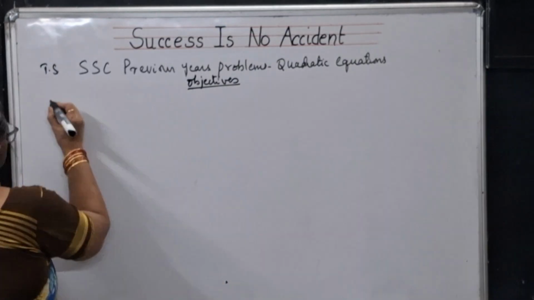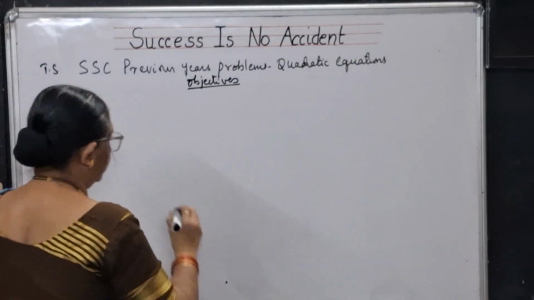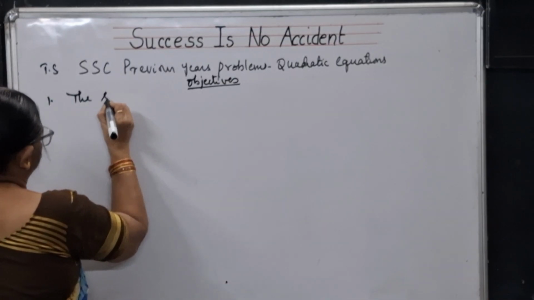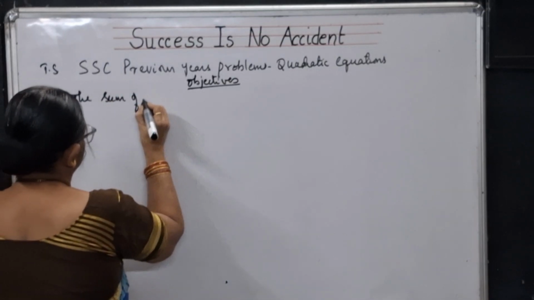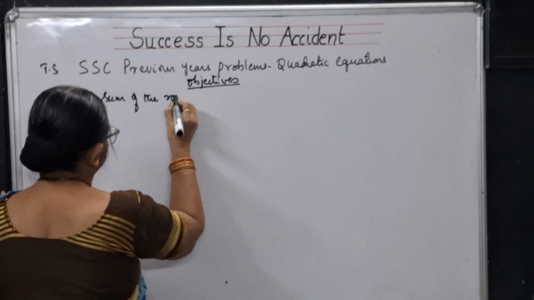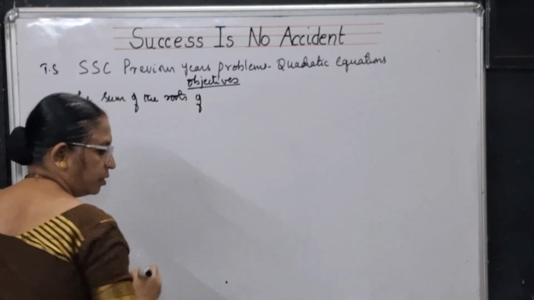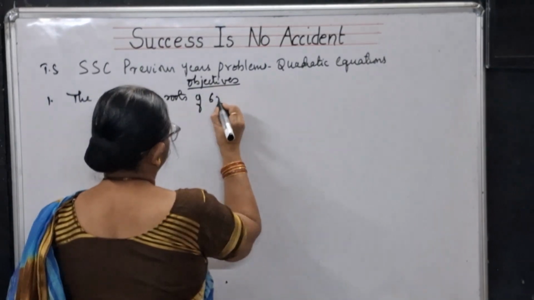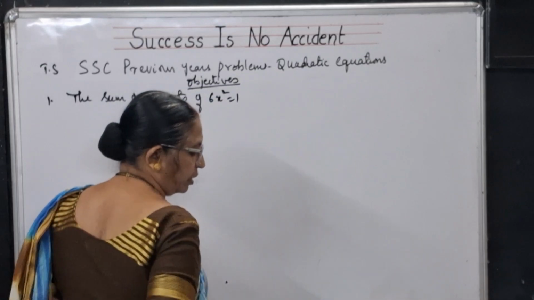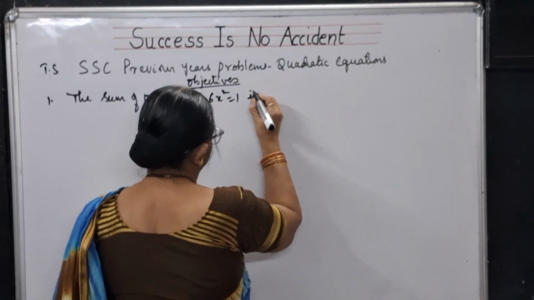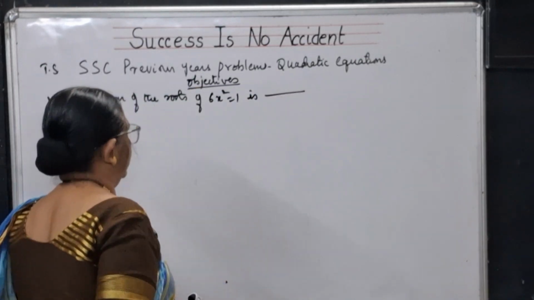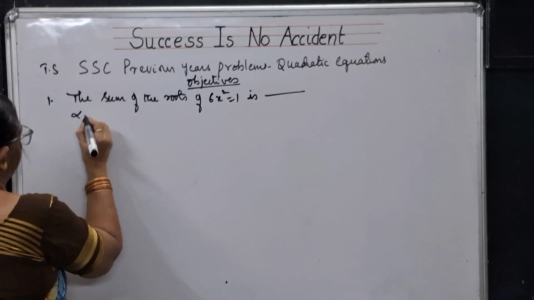First question: the sum of the roots of 6x square is equal to 1 is dash. Actually, sum of the roots means what, children?